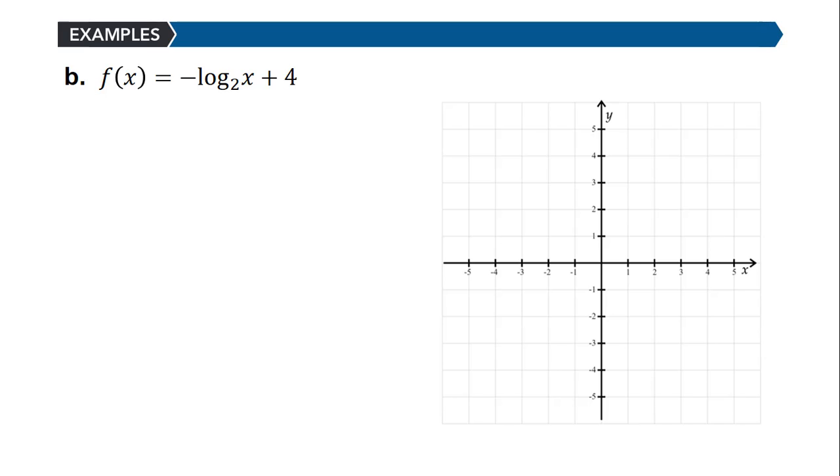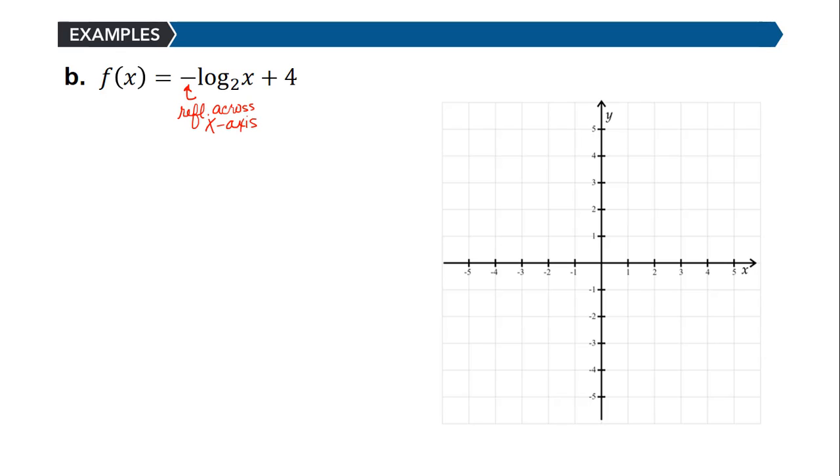Now what about y is equal to negative log to the base 2 of x plus 4? So when we think about the transformations, what happens when we have a negative on the outside? Do you remember this is like taking the opposite of y, and the opposite of y occurs across the x-axis. So the negative on the outside is a reflection across the x-axis.